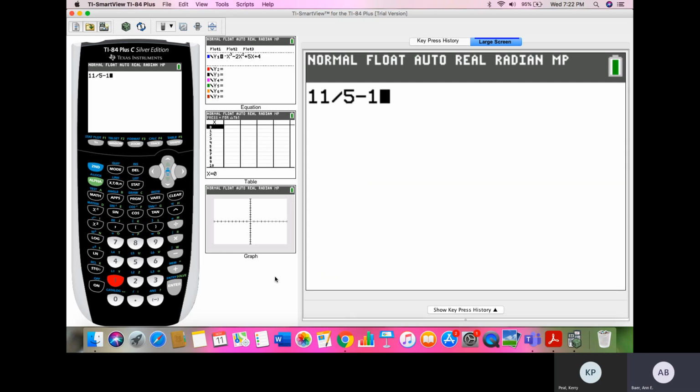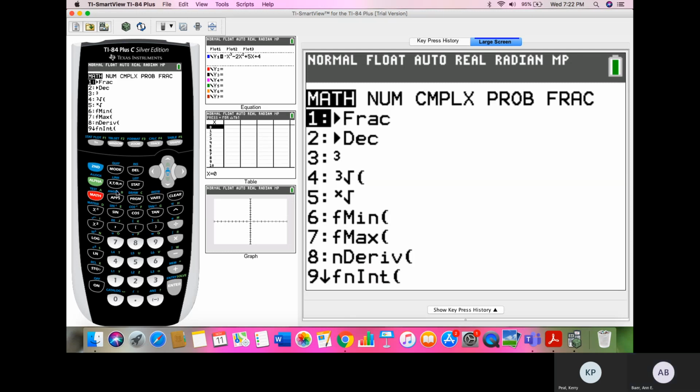And the way I can do this is I can go to this math key right here, click on math. It's in the first column there. And you will see that the 1 is highlighted in black, and it looks like, hey, that might change it to a fraction. And that's exactly what it does. And the way you can do this quickly is to do enter, enter.